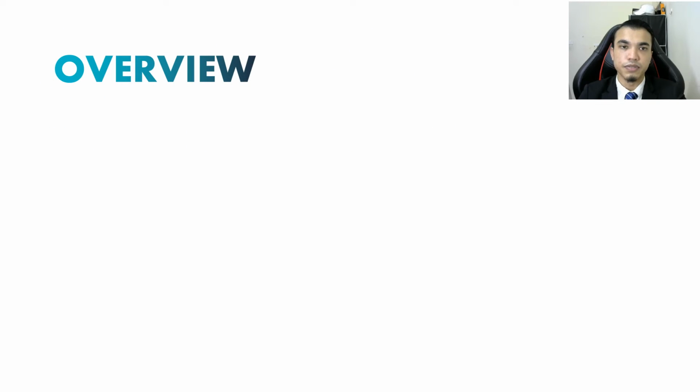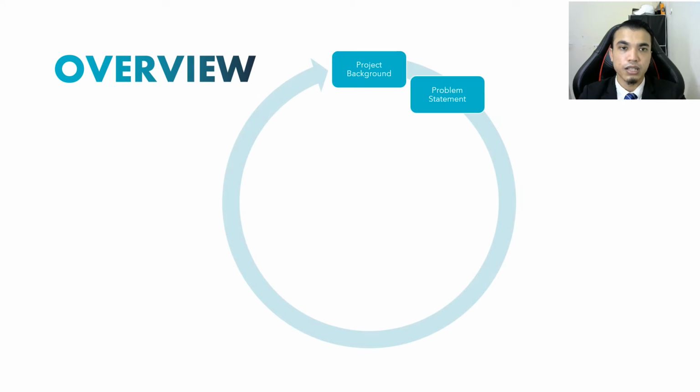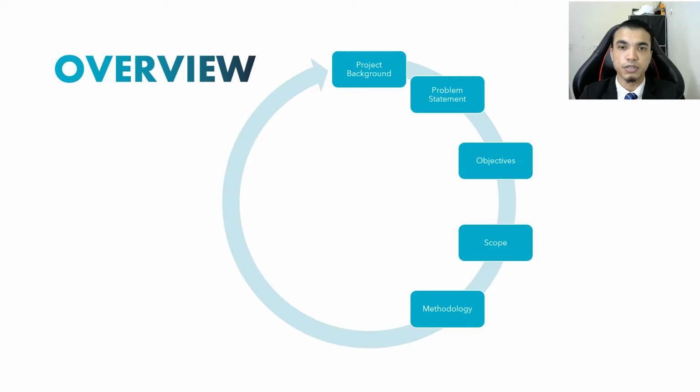In the overview, I have the project background, which is basically the introduction of this project. Next, I have the problem statement, about the problem that I encountered while doing this project. Next is the objective of the project. Next is the scope of the project, which I have to make to complete the project. Furthermore is the methodology, the method that we use in this project.